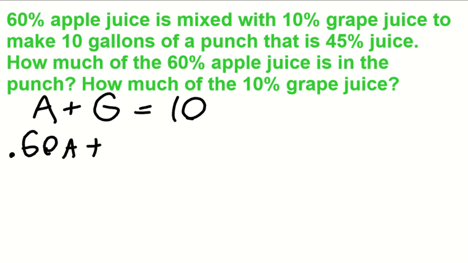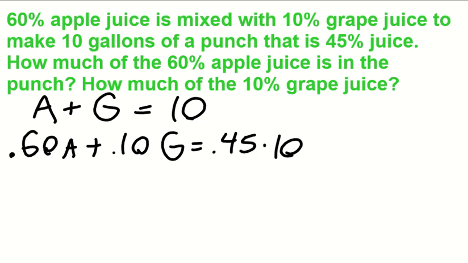The grape juice is going to be 10%. And what that equals is the 0.45 times the total amount, the 10 gallons. A lot of y'all were leaving off that. All right, so now go ahead from there.